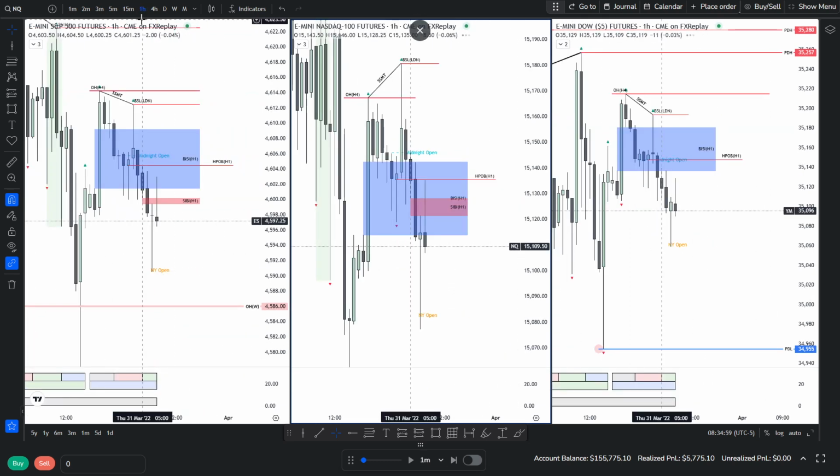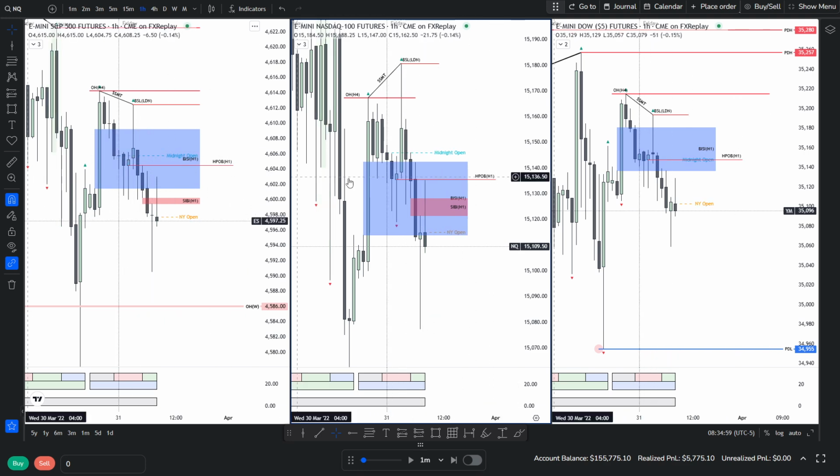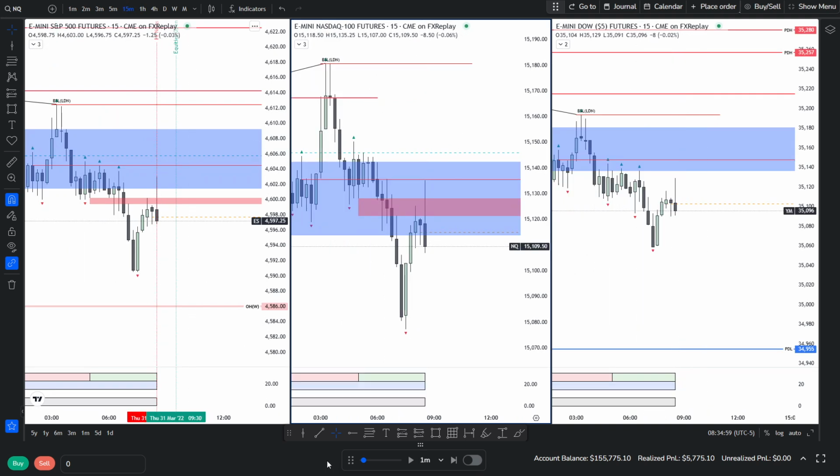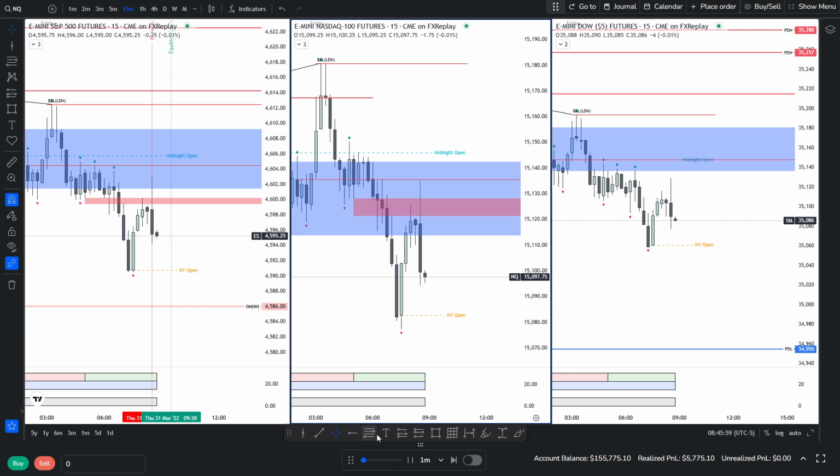Let me just make sure that we haven't got any sort of hourly liquidity pools that I need to be aware of. No, we haven't. So we're just going to let the market play on a little bit, see if it's going to continue lower or whether it feels the need to go higher. So equities open looks the more likely.